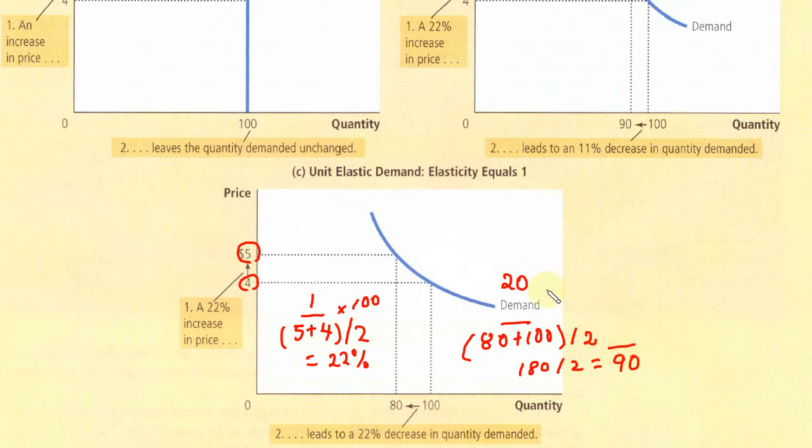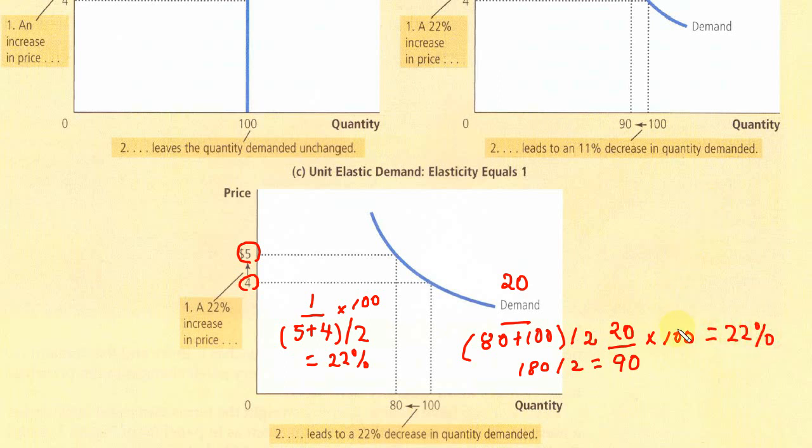If we divide 20 by 90 and multiply by 100 for percentage, then this is also almost 22%.